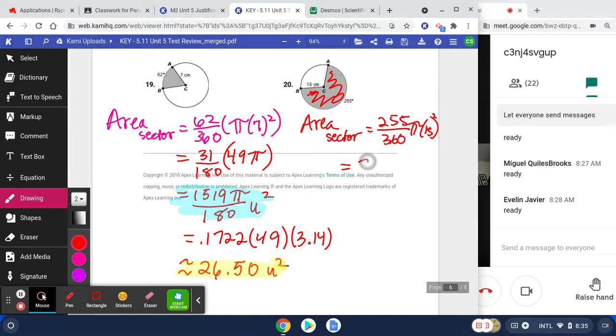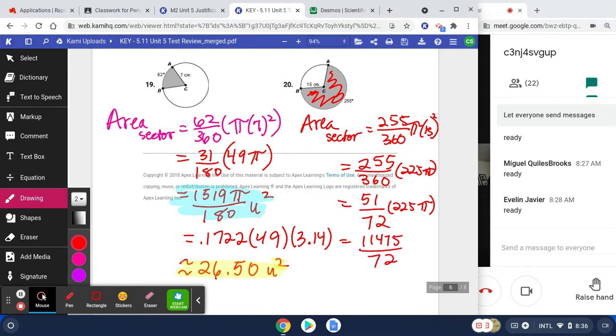This is going to come out to 225 pi for the area. So 255 over 360 times 225 pi. And I can tell that 5 goes in. So 360 divided by 5 is 72. 255 divided by 5 is 51. 51 times 225 is 11,475.